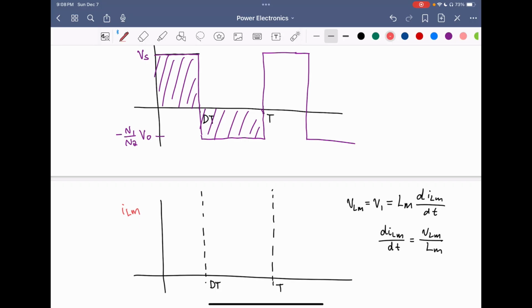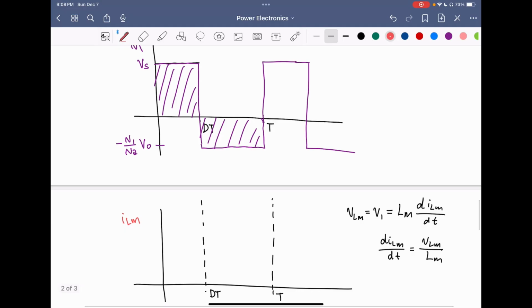So in the dt interval, V1 is positive, so the magnetizing current is increasing with a slope of Vs over Lm. And then in the d prime t interval, we have a slope that's negative because V1 is negative. And this slope is equal to negative N1 over N2 VO over Lm.